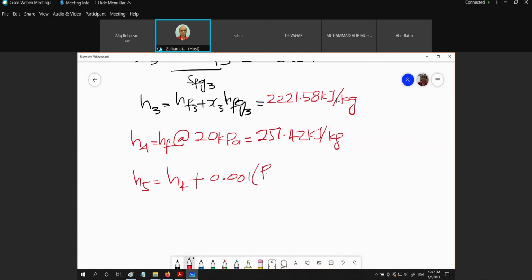Okay, P5 minus P4, where your P5 is 3000 MPa and your P4 is equivalent to the condenser pressure, which is 20 kPa.